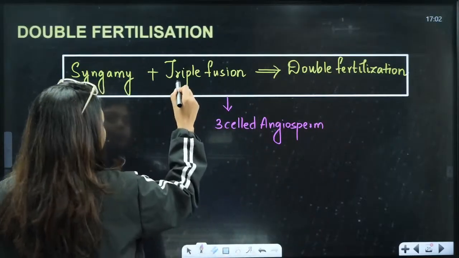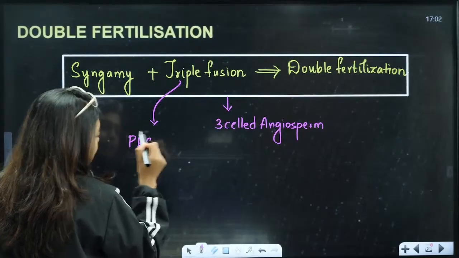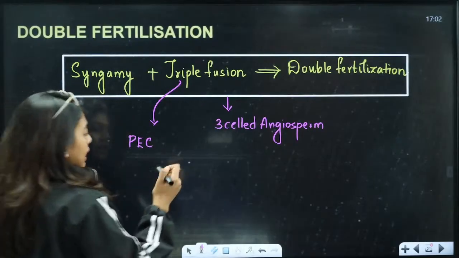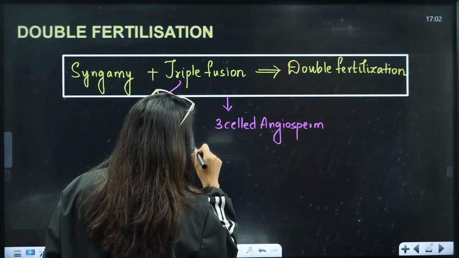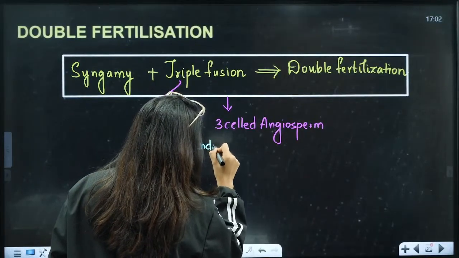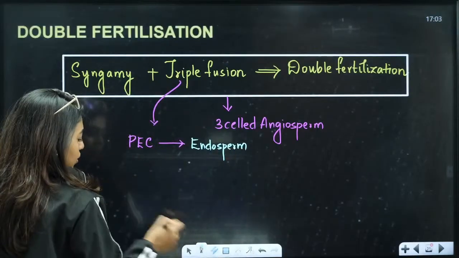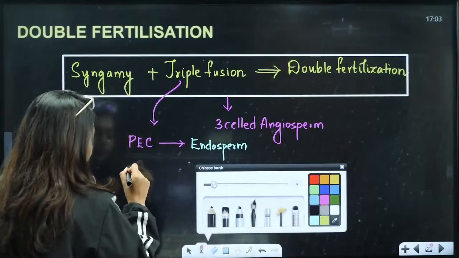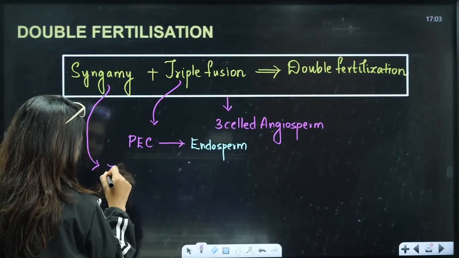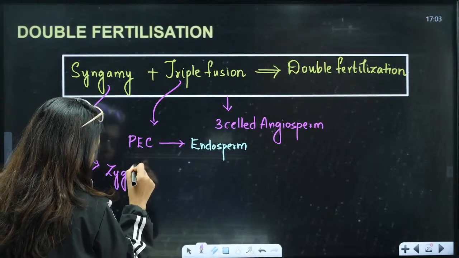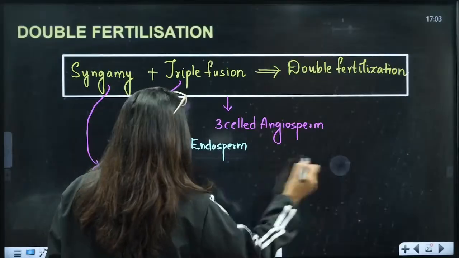Now remember triple fusion again, the PEC that forms from it. This PEC is ultimately going to form the endosperm. And the zygote that we got from syngamy is ultimately going to form the embryo.